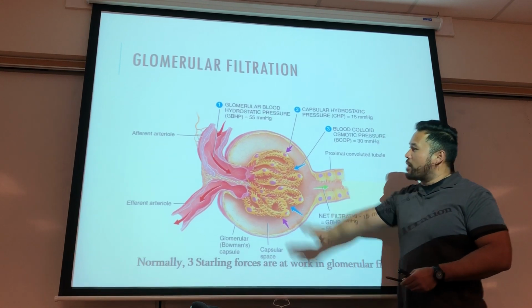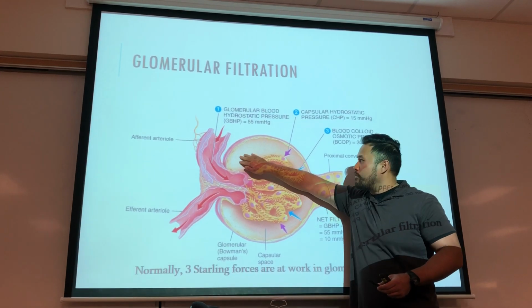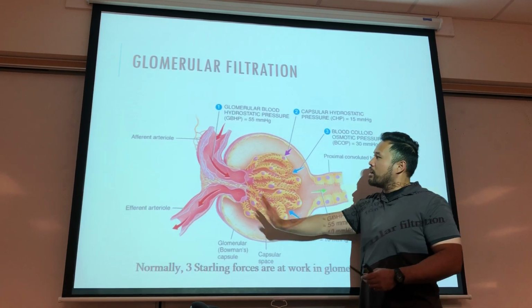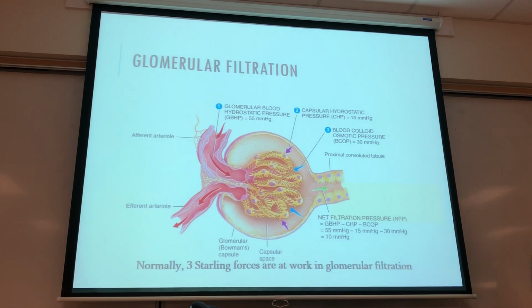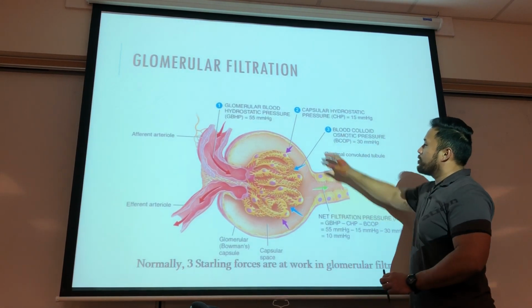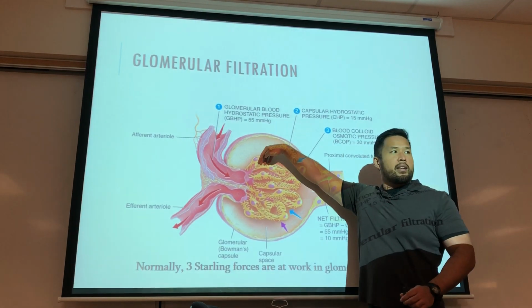So we've got pressure on the inside due to the blood, we've got pressure on the outside due to the formation of filtrate. That pressure on the outside is going to counter that of the glomerular hydrostatic pressure. So if I've got pressure pushing out to push blood out, I've got another pressure forming within the Bowman space that's wanting to push fluid back in.